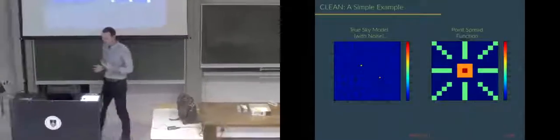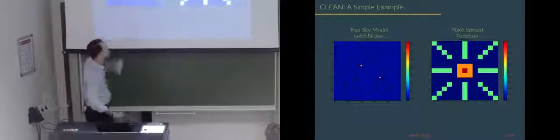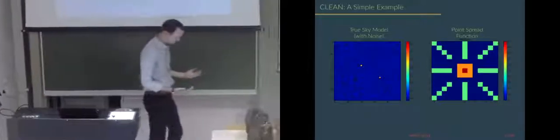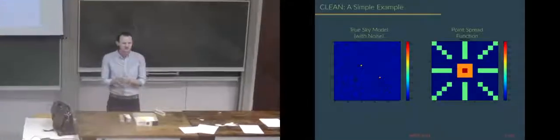Okay, here's my very simple example of this iterative deconvolution. So what does that mean? Say we have a sky. This is our true sky. So what we want to remember is that there's some noisiness. The sky has noise, right? There's some idea of this confusion noise.